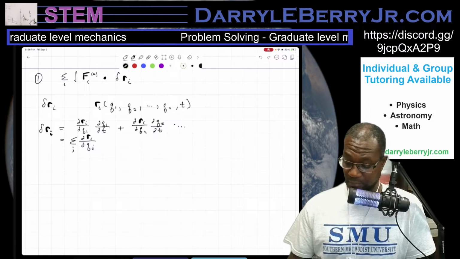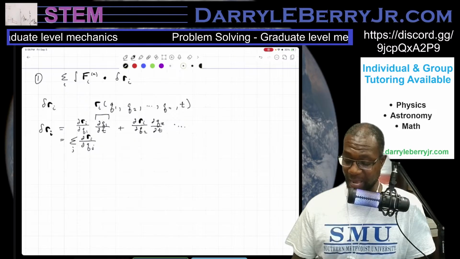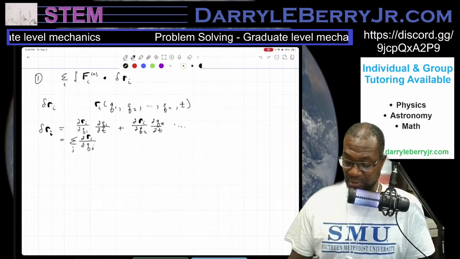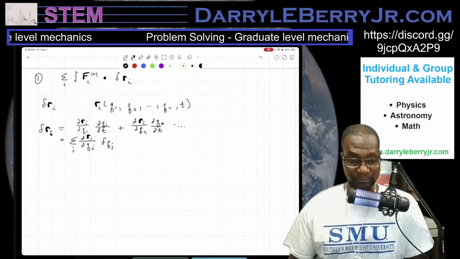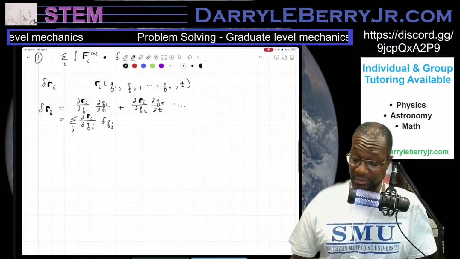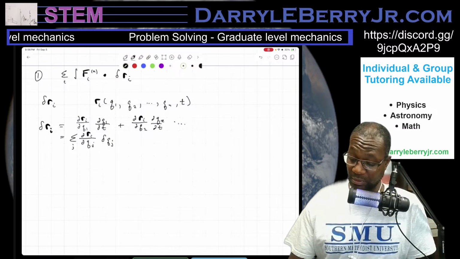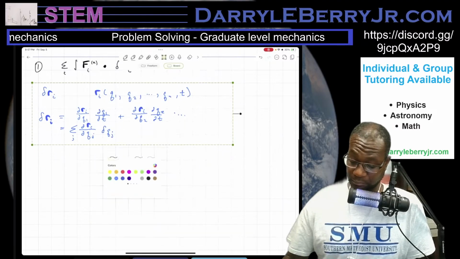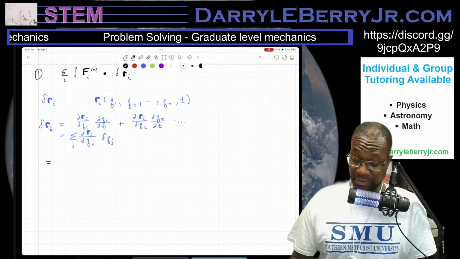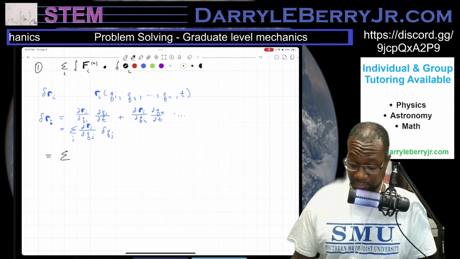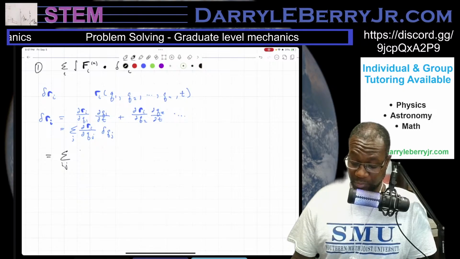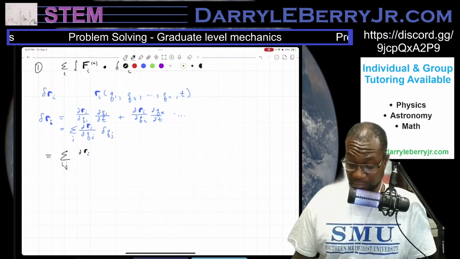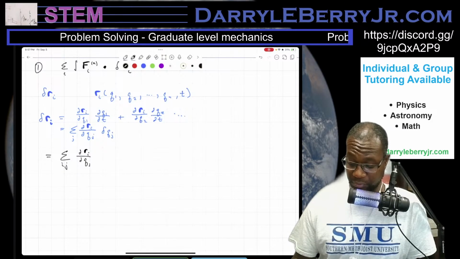This item here, I don't remember if it's by dt, but I could tell you that it resolves into q_j. So basically, we could substitute this. This is basically an aside. I'll make this in blue. So this equals, you sum over j, partial r_i over partial q_j.